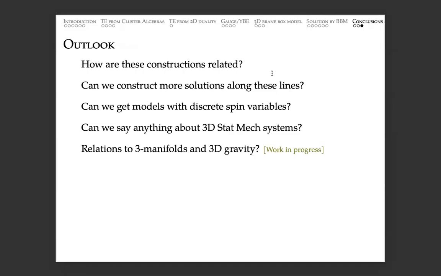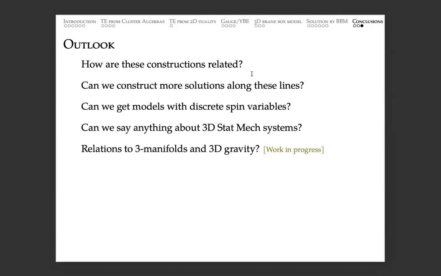There's recent work by Sebastian Franco and his collaborators on brane brick models, related to Calabi-Yau 4-folds and so on. I don't know much about it, but I'd be interested in learning that and then applying their tools to construct more solutions. I think that's a promising direction.